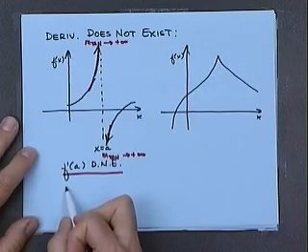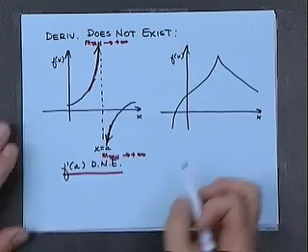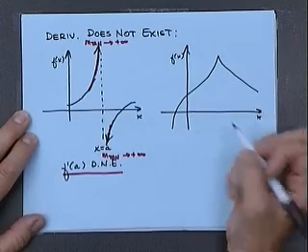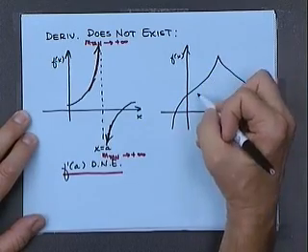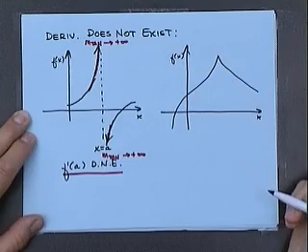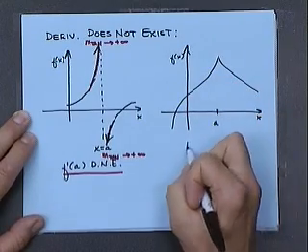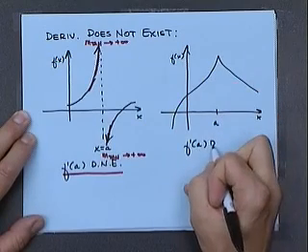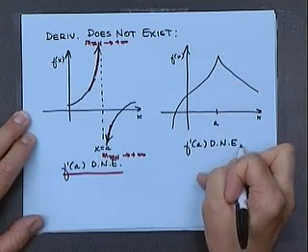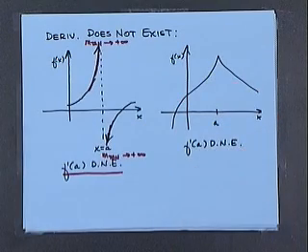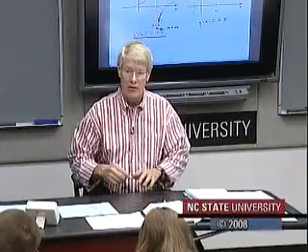By the way, this other one is not continuous, which leads to the problem. But here, this graph is continuous, but because of this little corner or cusp or whatever you want to call it, the derivative does not exist. Now, very different reason why it doesn't exist than here.